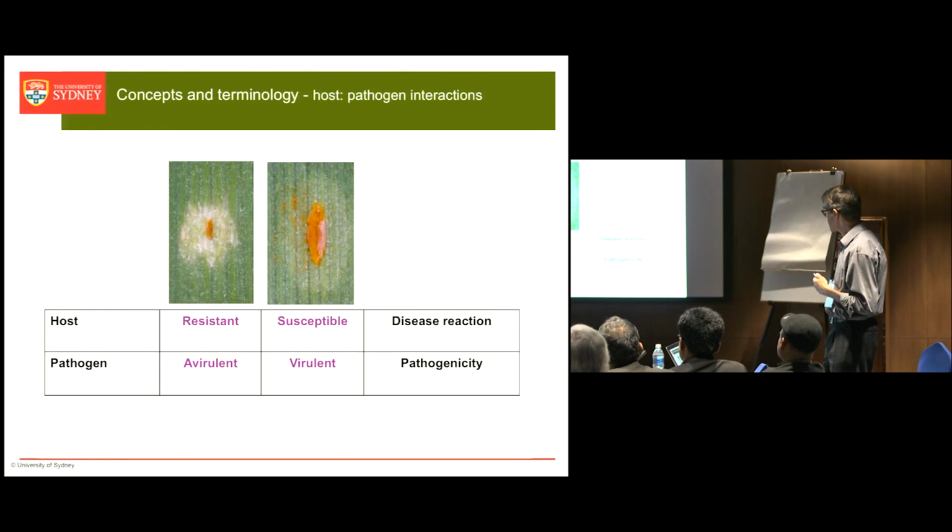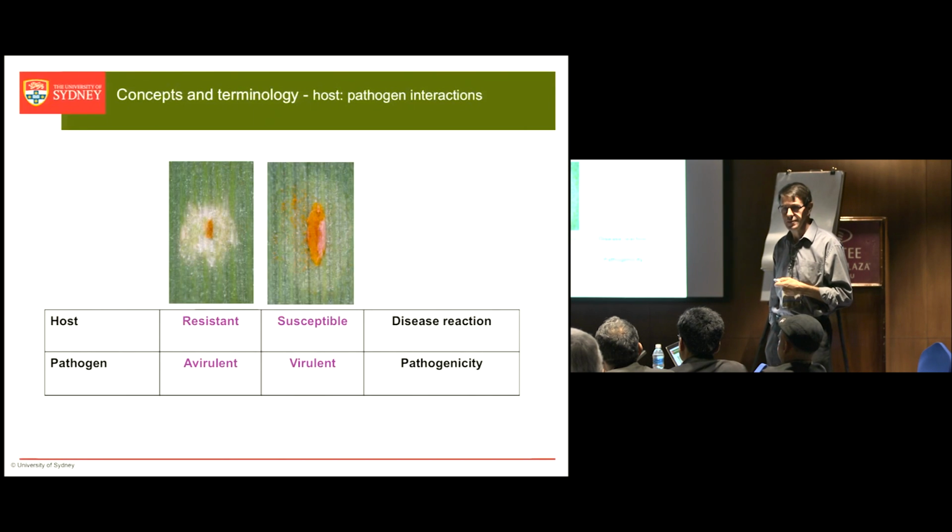I'd say the one on the left is avirulent, and the one on the right is virulent. Okay, so that's the pathologist's view, the person that's working with the pathogen. We talk about avirulence and virulence. And they are the alternate allelic states of a trait in the pathogen we refer to as pathogenicity.